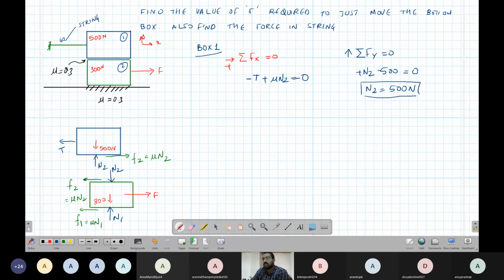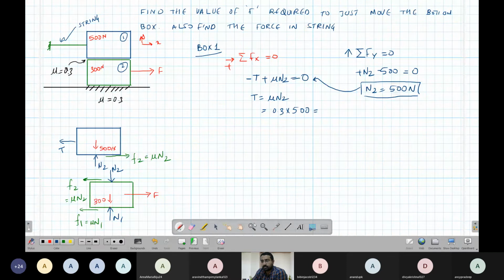So this is a result that we can use. If I substitute it directly here, I'll get the value of T. T equals mu times N2. What is the value of mu? Mu is 0.3. This is the mu we have to look at here. It is 0.3. This can be two values. 0.3 times what is N2? 500.